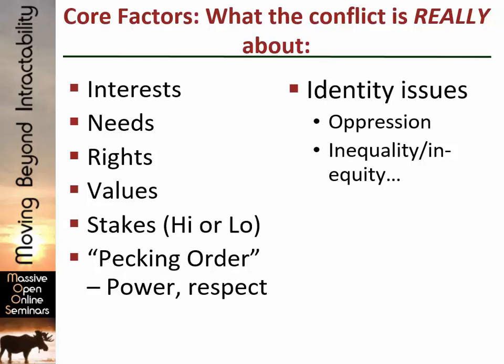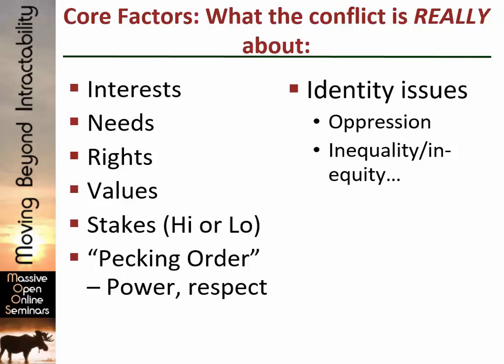Fundamental value differences is the same as what I talked about before, as is high stakes. If the stakes are low, the conflict isn't likely to become intractable because people don't care that much. But if the stakes are high, then people tend to fight harder to attain what they want.